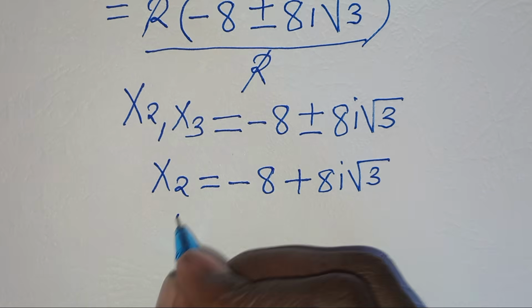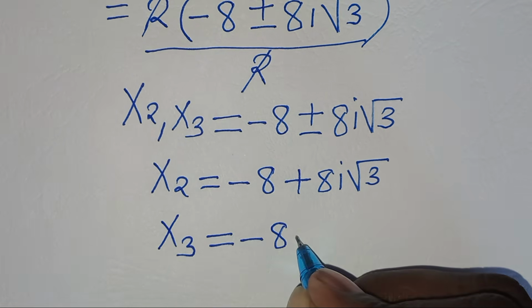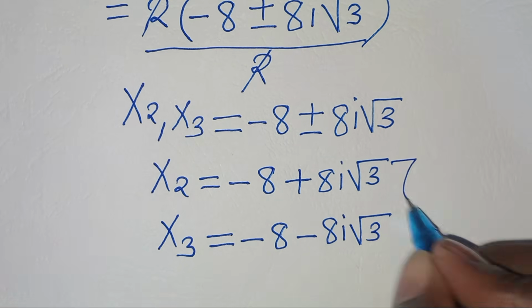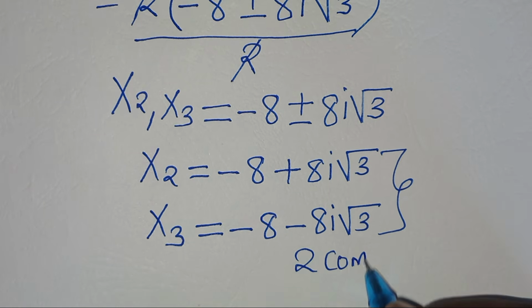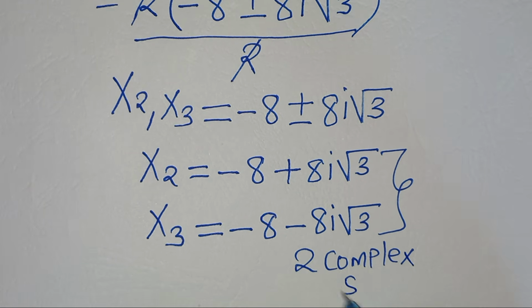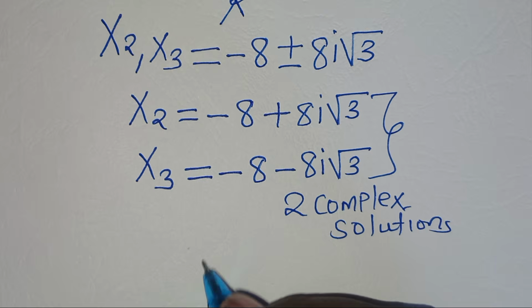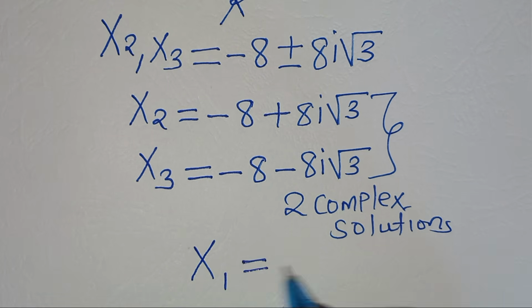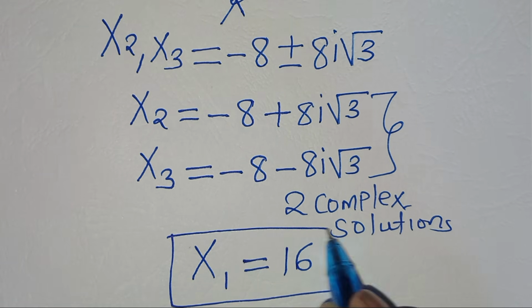Then we have x3, which is equal to negative 8 minus 8i square root of 3. So you find that these are two complex solutions for this algebra problem, so that we have only one real solution here, which is x1, and x1 is equal to 16.